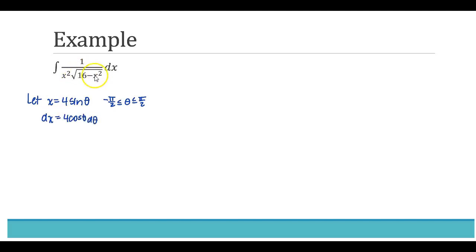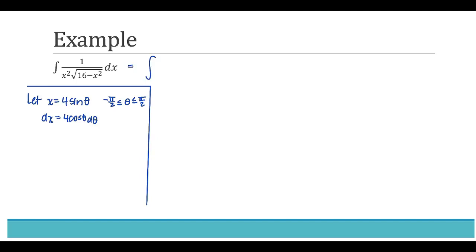So what that would allow us to do is replace each of these two x's with 4 sine theta and replace dx with 4 cosine theta d theta. So let's go ahead and do that. This right here is our scratch work so far.